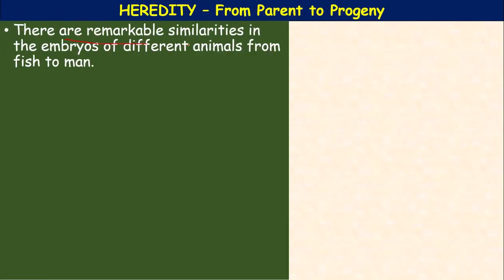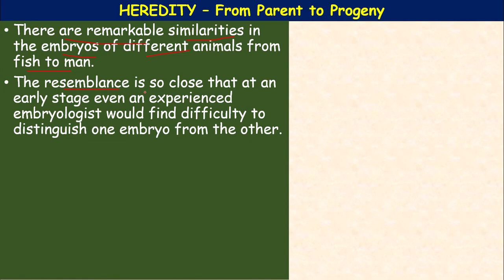There are remarkable similarities in the embryos of different animals from fish to man. The resemblance is so close that at an early stage even an experienced embryologist would find it difficult to distinguish one embryo from the other. What does it indicate?